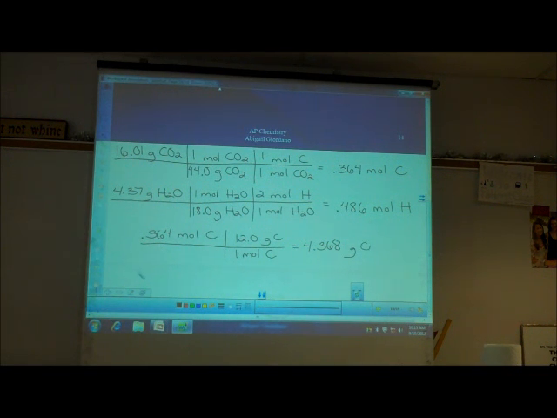Let's find out the mass of hydrogen. And folks, as soon as I write this out, some of you probably have already noticed, I really don't need to write out this calculation, but I will, just to be thorough, because the molar mass of hydrogen is just 1.0.